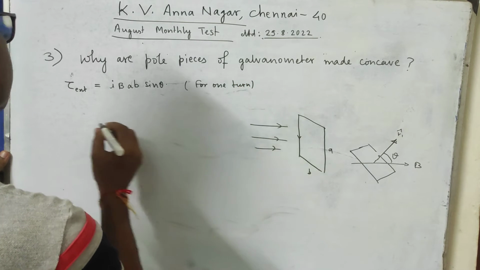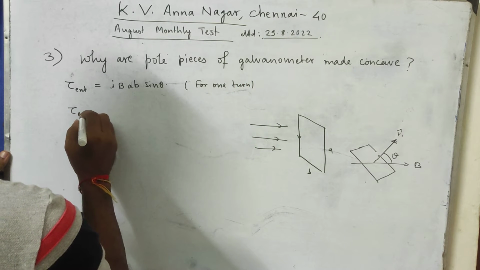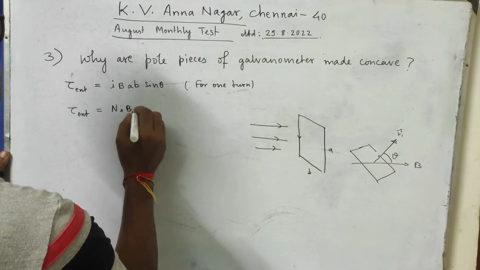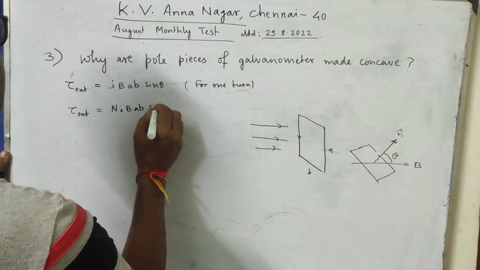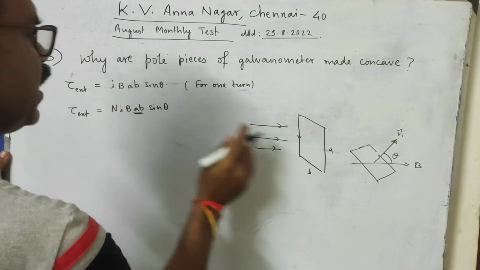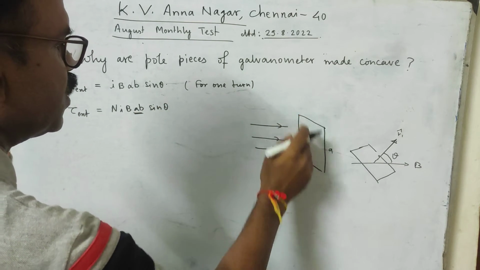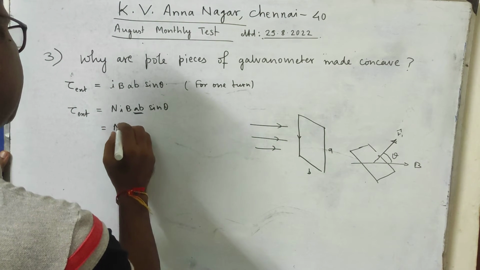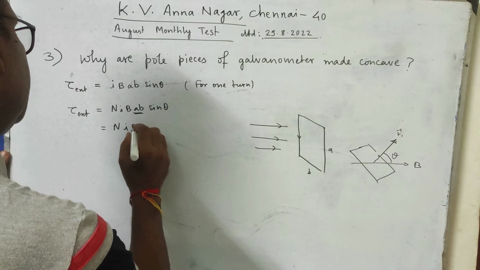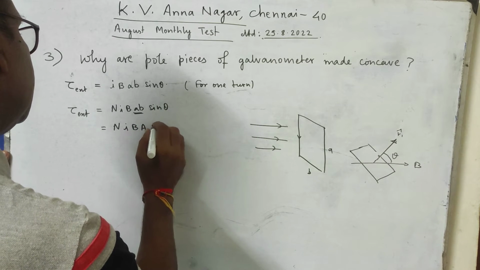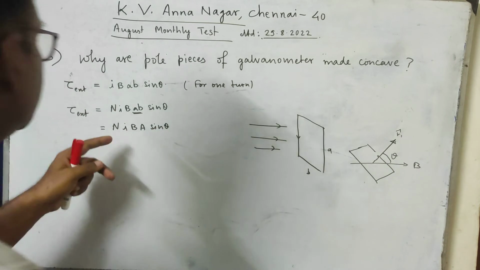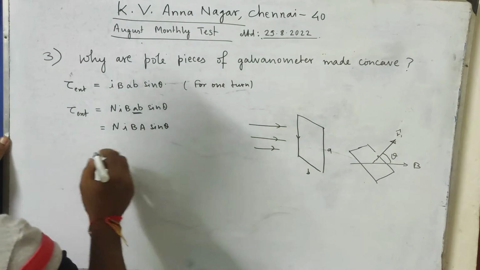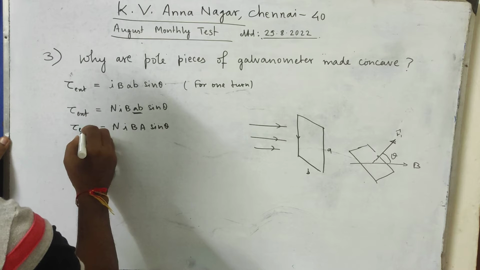If there are N turns, then T external will be N I B AB sin theta. And AB is nothing but the area of the plane of the loop. So I can say N I B A sin theta, where A is the area. So T external.